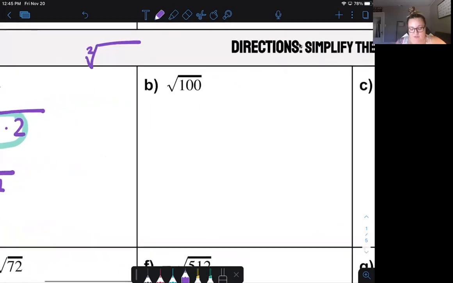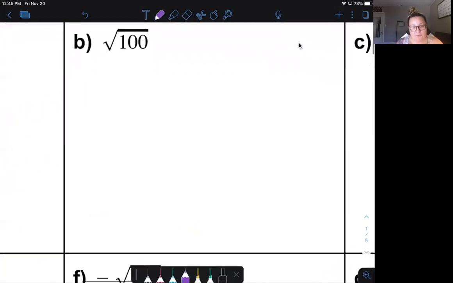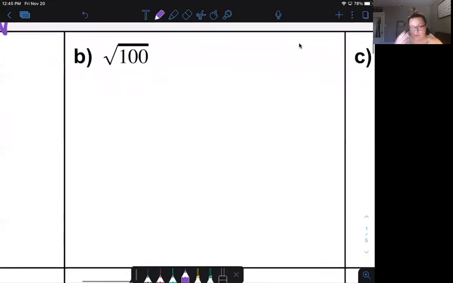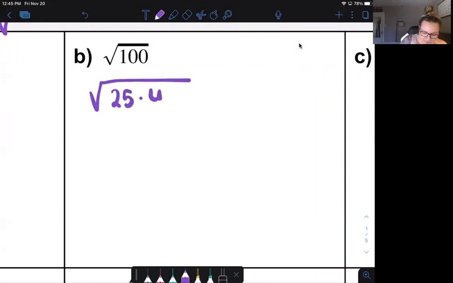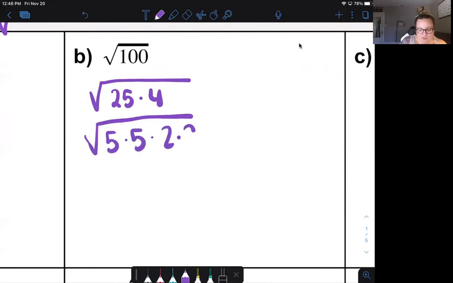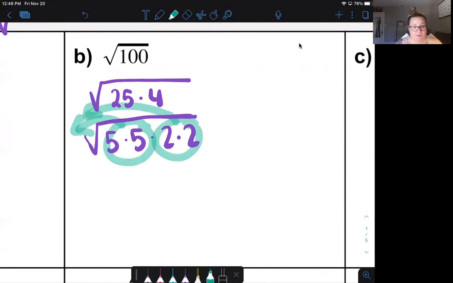All right, now let's do the square root of 100. So break 100 down into prime factors. Well, 100 is what? 25 times 4. 25 is 5 times 5. 4 is 2 times 2. Well, hey, I've got a group of 2 5s and I've got a group of 2 2s. So I'm going to bring out a 5 and a 2 out in front of the radical.